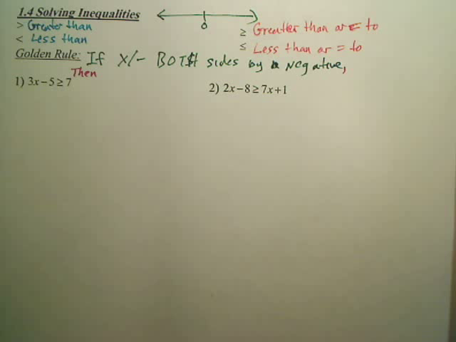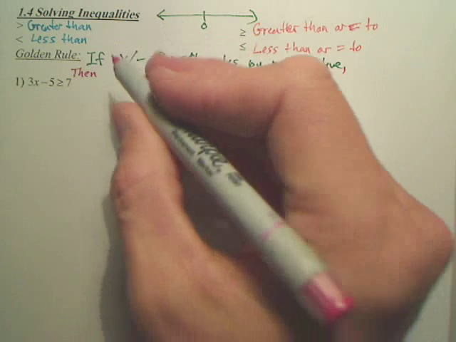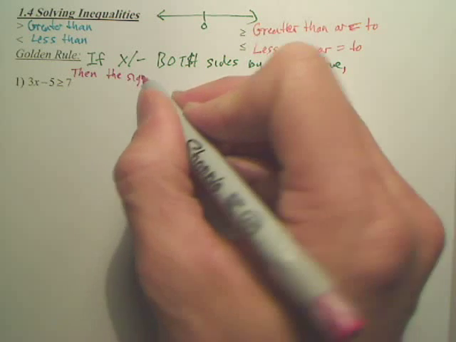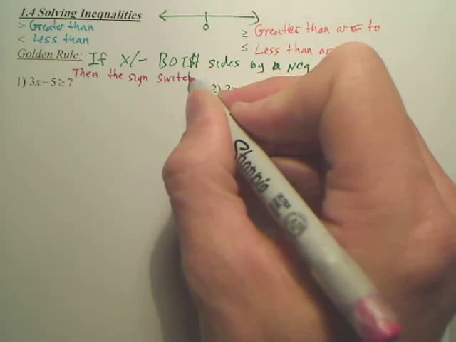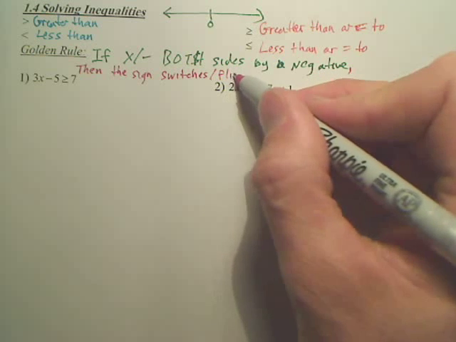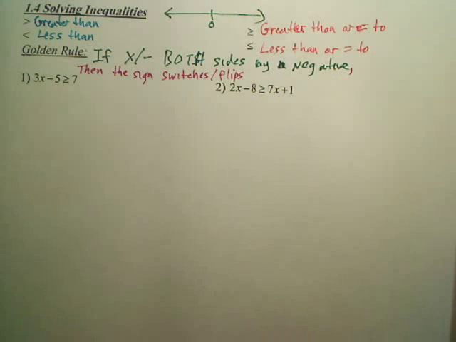If when you're solving, you multiply or divide both sides by a negative, what happens? Yes. Then the sign switches, or some people say flips. Flips, switches, however you want to say it. So if when you're solving you multiply both sides by a negative, the sign flips. It's a very important thing to keep track of. So that means it doesn't always, but sometimes it will.